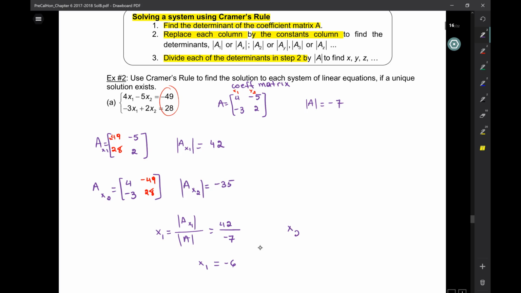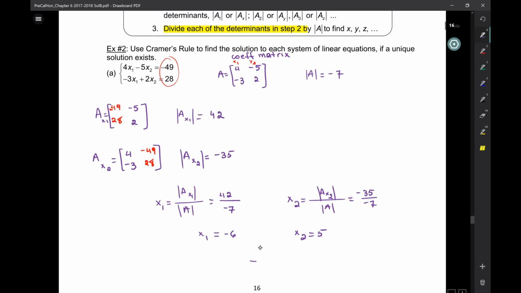And then x2 is going to be the determinant of AX2 over the determinant of A. Negative 35 over negative 7. X2 is equal to 5. So finally, my solution is negative 6, positive 5. So find determinants of the respective matrices, and then it's the determinant of each matrix divided by the original determinant.